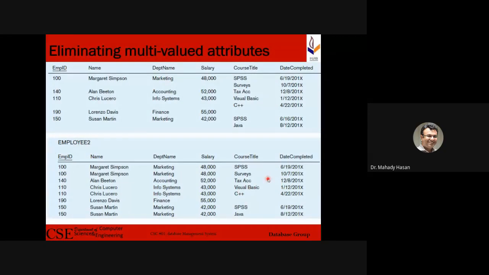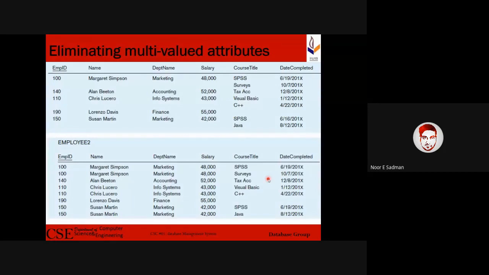Now, how can we overcome this problem? Any suggestions? Any suggestion? How can we overcome this problem? We can eliminate the double employee ID part.